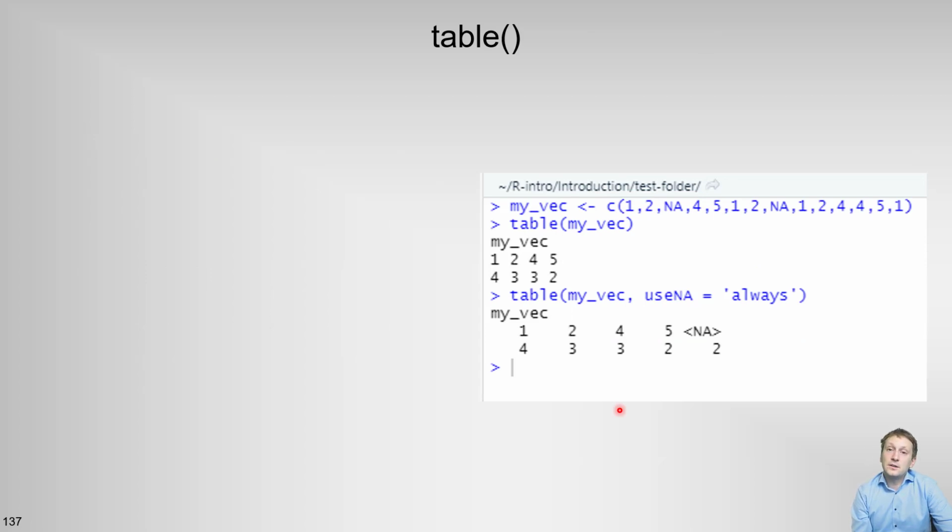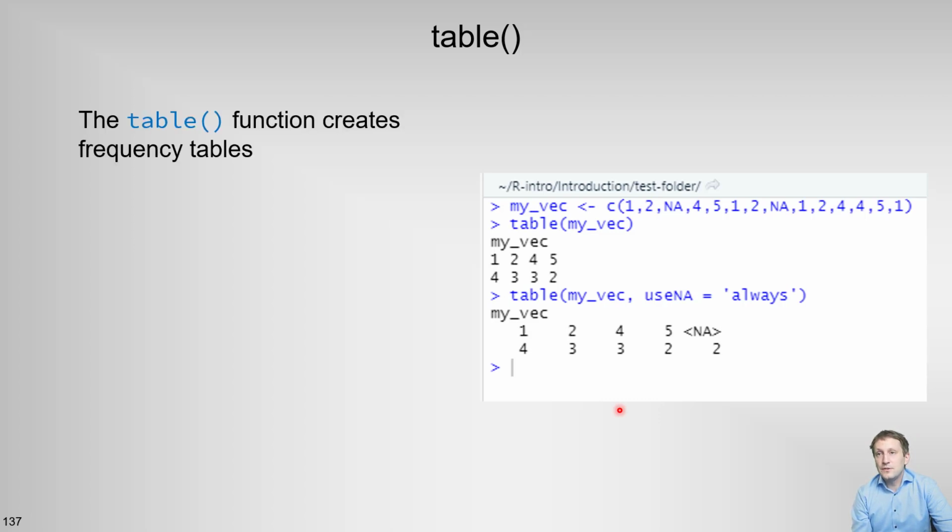Okay, let's take a look at table, and we'll get back to table when we look at exploratory data analysis. The table function creates frequency tables, and that's quite useful for non-numeric variables: for factors, for logicals, for characters, for anything that you expect to be nominal or ordinal in terms of its scale level.